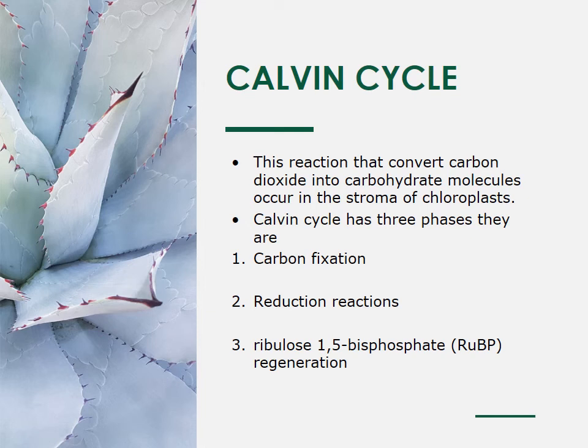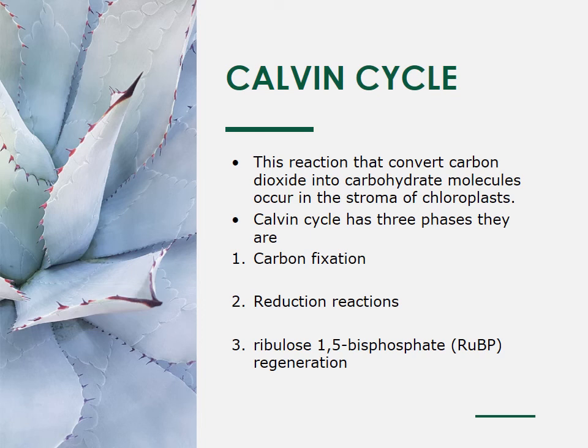The first phase is carbon fixation, and in carbon fixation, CO2 reacts with an enzyme called Rubisco to form 3-phosphoglycerate, and 3-phosphoglycerate will form 1,3-bisphosphoglycerate. They will go through a series of reactions like that.